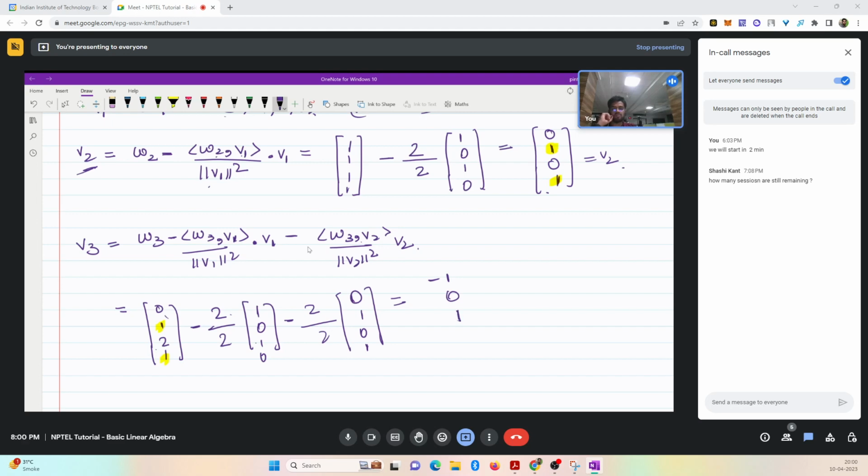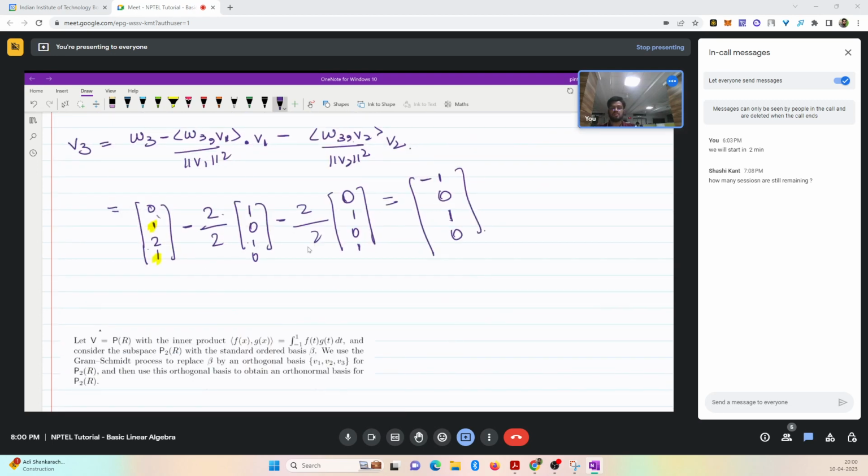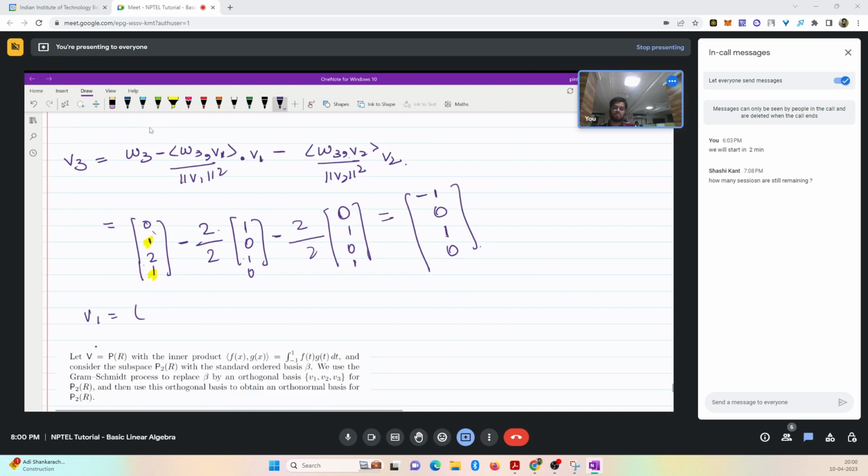And the last one is 1 minus 1 is 0. So what you have obtained: V1 is equal to 1 0 1 0, V2 is equal to 0 1 0 1, and V3 is equal to minus 1 comma 0 comma 1 comma 0.